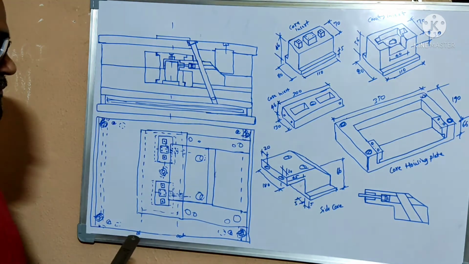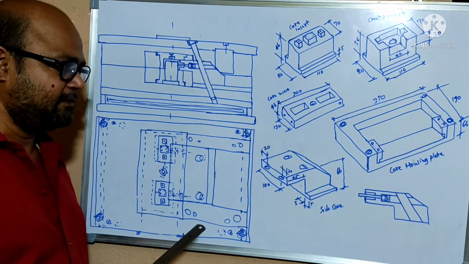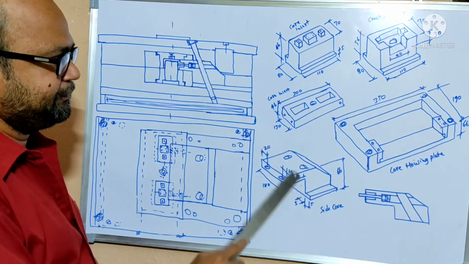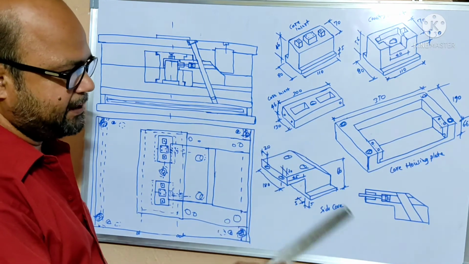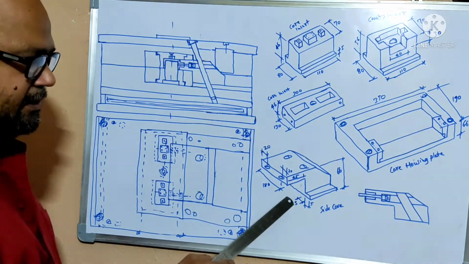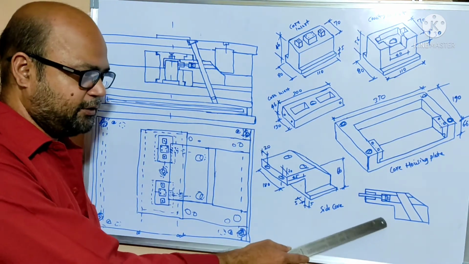At the same time, I had drawn the core inserts, cavity insert, main core insert, and core housing plate with side core, and the section of the side core you are observing here.